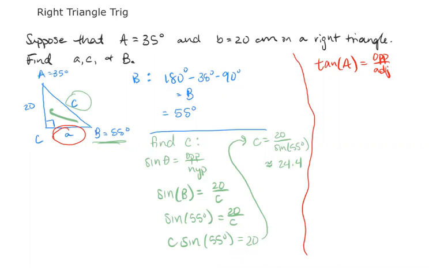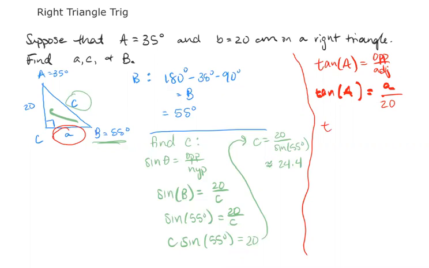I don't like to use values I've found. I typically will use values given to me in the example, just in case I messed up the first step. So tangent is opposite over adjacent. That would be for us, the tangent of A would be little a over the adjacent side, which is 20.